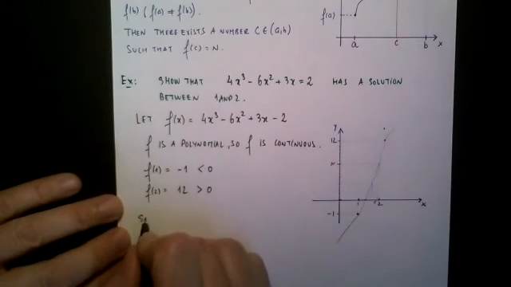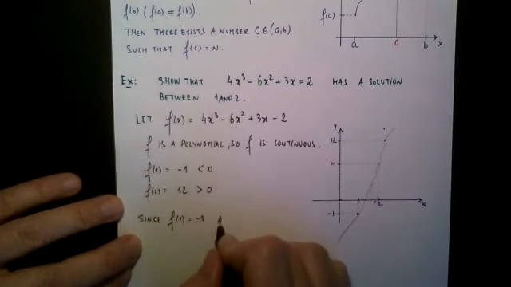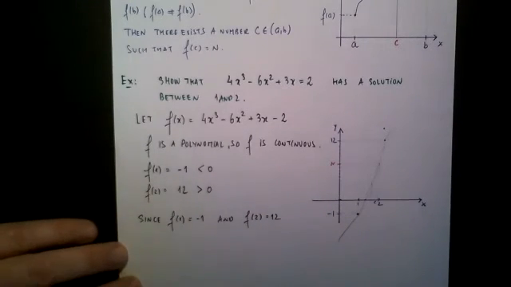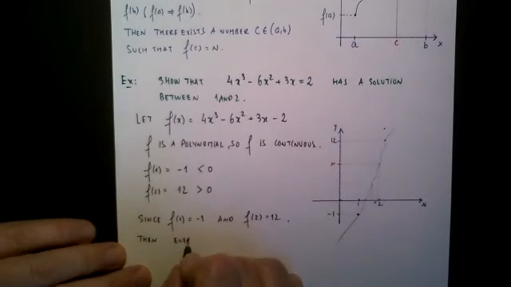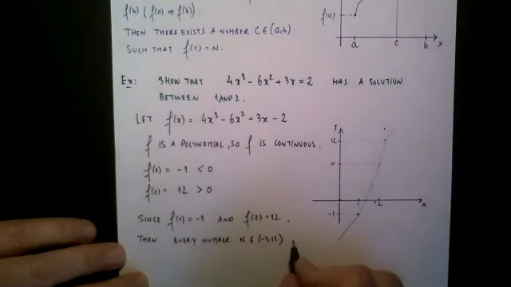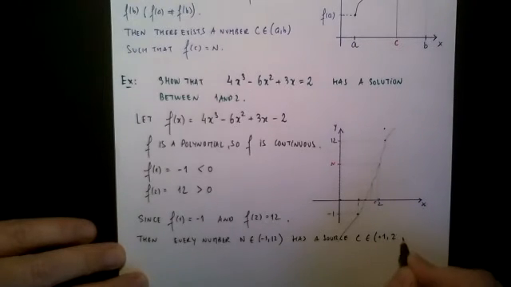Since f of 1 is equal to -1 and f of 2 is equal to 12, then every number n in the interval -1, 12 has a source, which I'm going to call c, in the interval 1, 2.